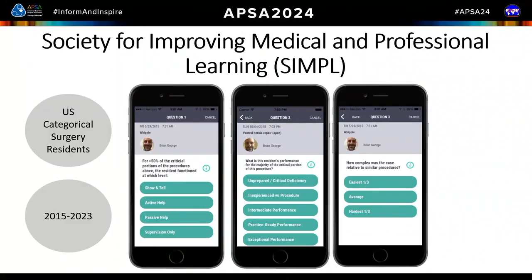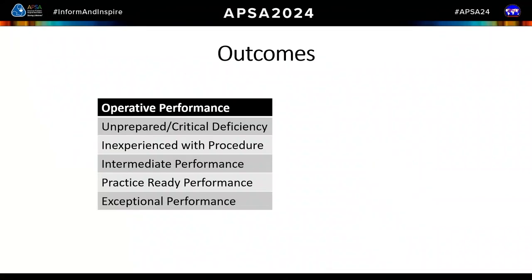Using a phone-based application from Simple, we collected evaluations from US-based categorical general surgery residents between 2015 and 2023. These evaluations include information on the resident's performance, the resident's autonomy, and the case complexity. For this study, operative performance served as the main outcome variable for the model.